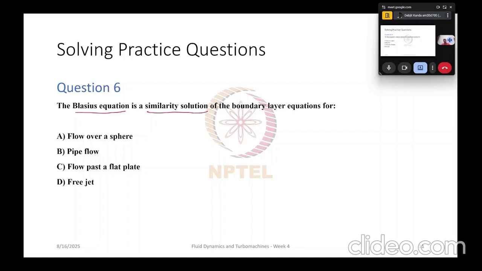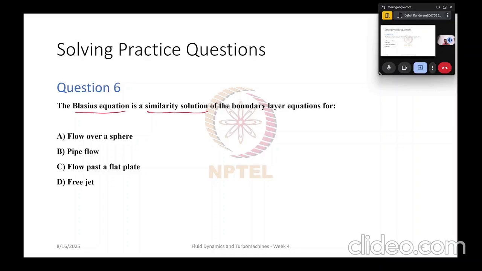So this question is asking us that the Blasius equation is a similarity solution of the boundary layer equations for what? Is it for option A, flow over a sphere, for B, flow inside a pipe, is C for flow past a flat plate, or is it option D for flow in a free jet?